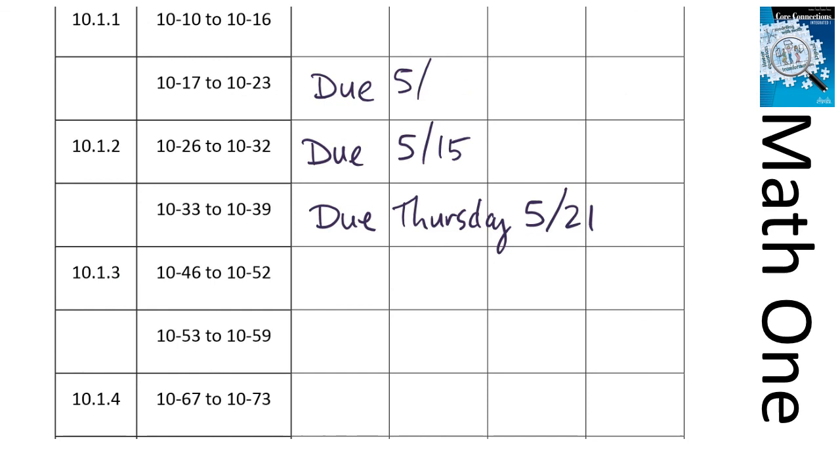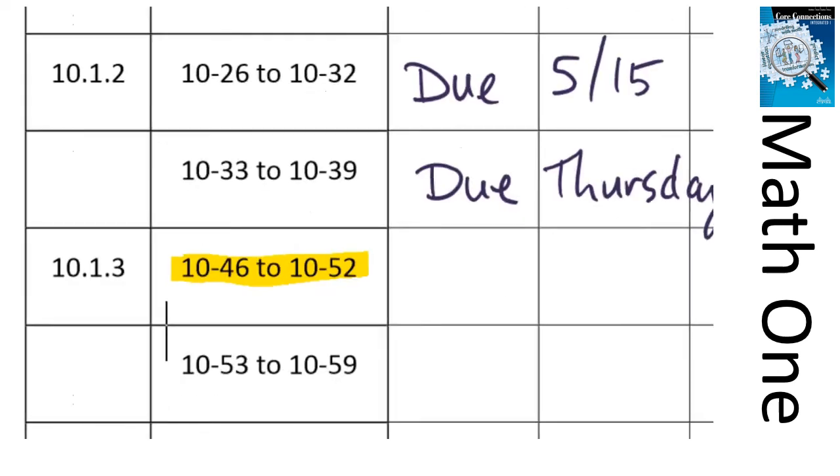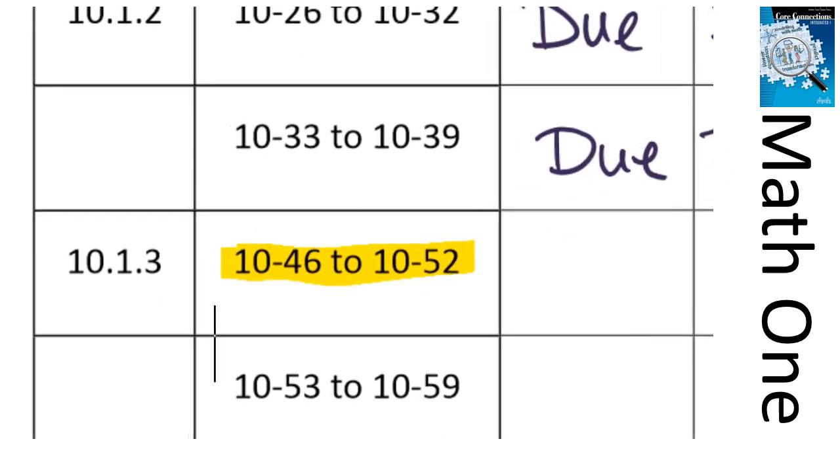It is definitely a short Wednesday, and those first questions, 40, 41, and 42, are a good stopping point for us. If you have time left in class, I would like you to begin working on this homework assignment, questions 46 through 52 in Chapter 10.